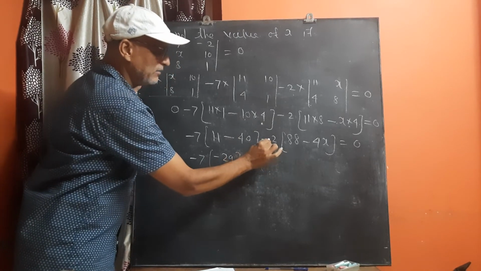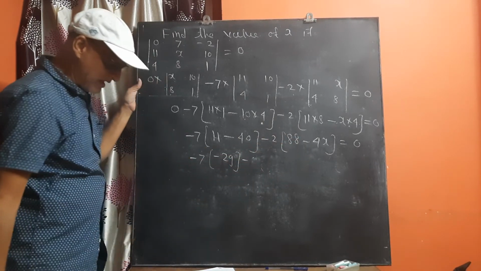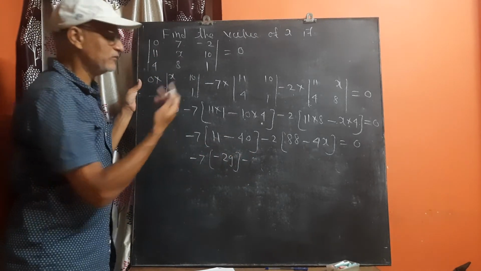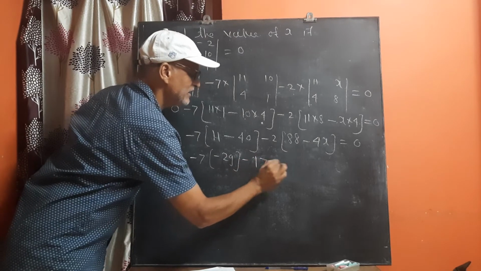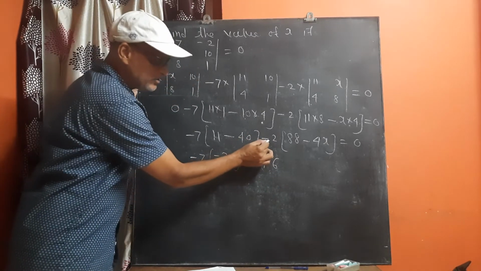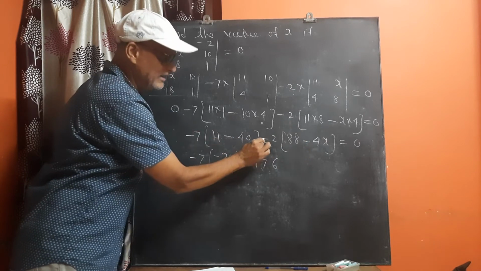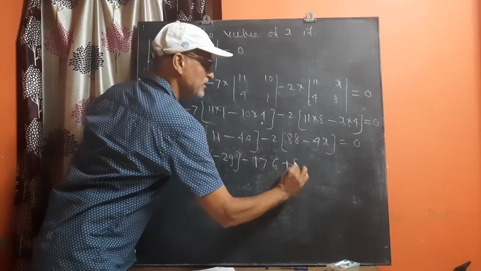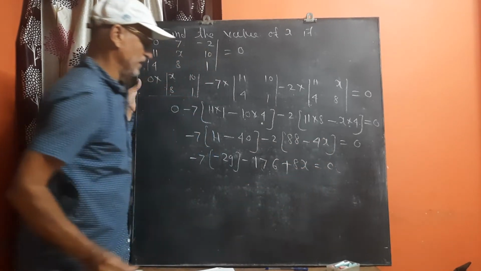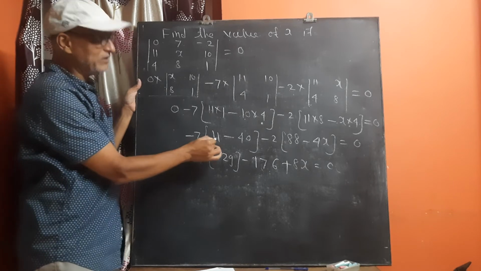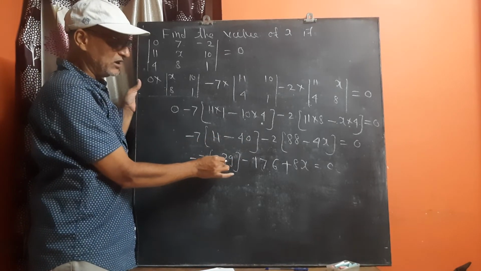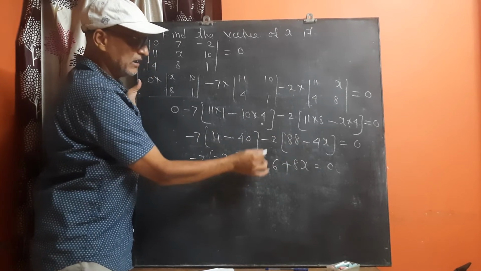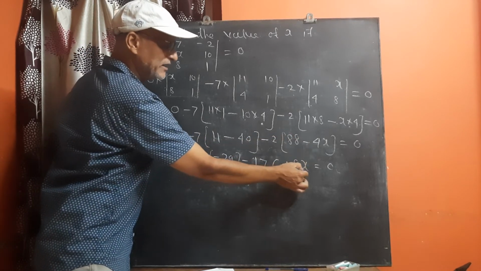If you simplify, minus 2 into 88 that will be minus 176, minus 2 into minus, minus into minus that becomes plus, so it is plus 2 into 4x that means 8x equals to 0. I repeat again, minus 7 into 11 minus 40 that is equals to minus 29, minus 2 into 88 that is minus 176, minus 2 into minus that is plus 8x equals to 0.